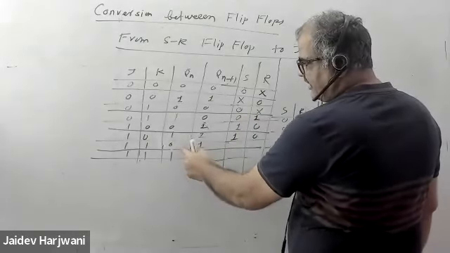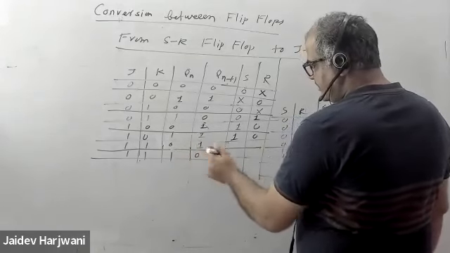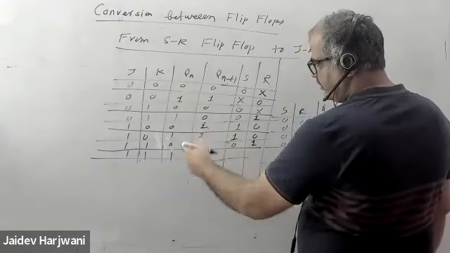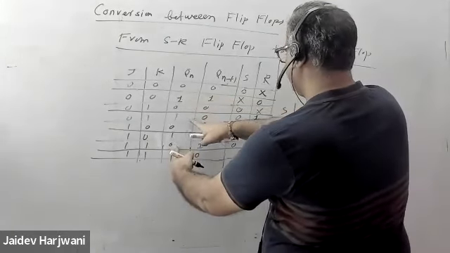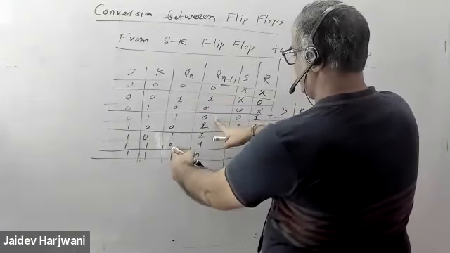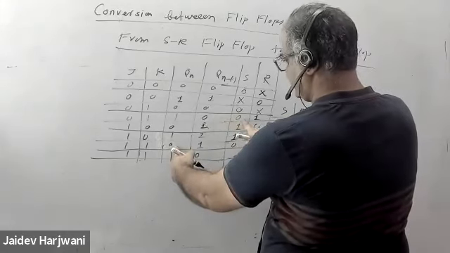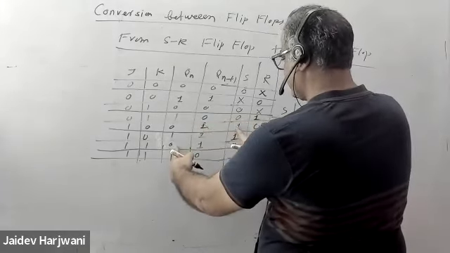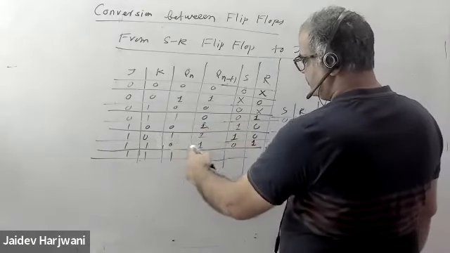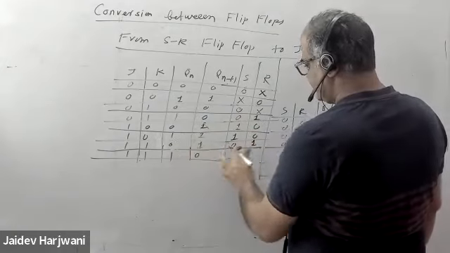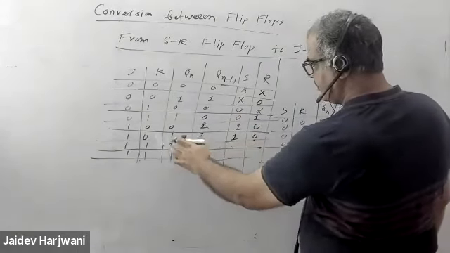टॉगल तो होता ही नहीं है. 0 1 is only reset condition. Reset condition is 0 0 1. Okay, 0 1 already written here. I need 1 0. 1 0 is your set condition, reset condition, correct. Okay, 0 1 is your set condition. 1 1 is also your set condition. Okay, 0 1 is again your set condition. 1 1 is set.